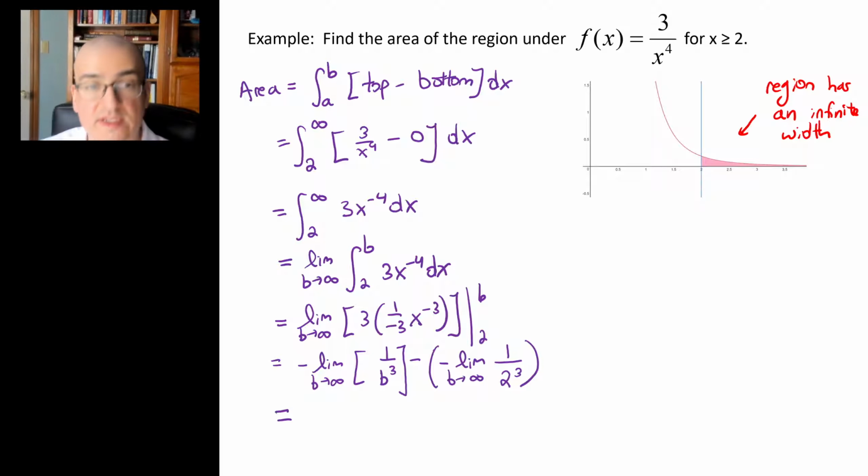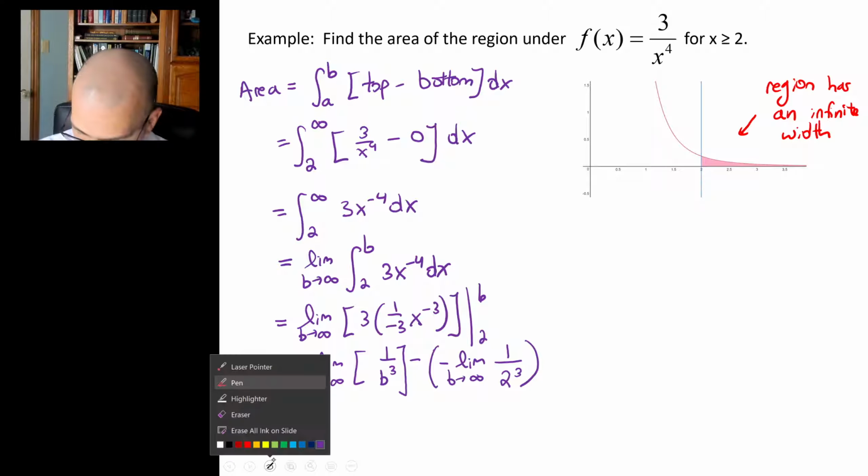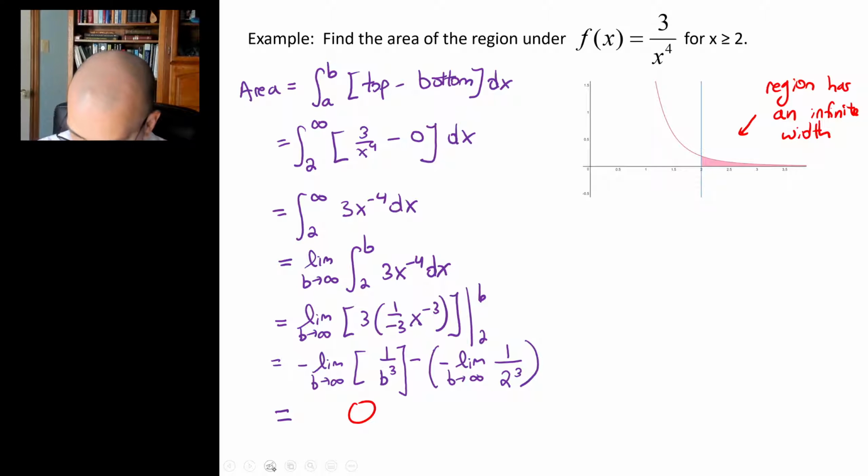This first limit is 0 because we have 1 over something huge, 1 over infinity to the power of 3. Second limit, negative negative plus, becomes 1 over 8. So we get an overall answer of 1 over 8.